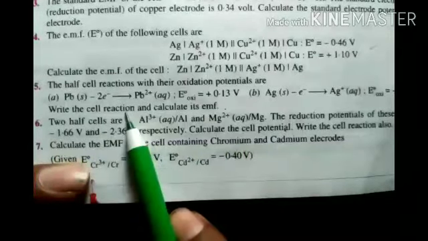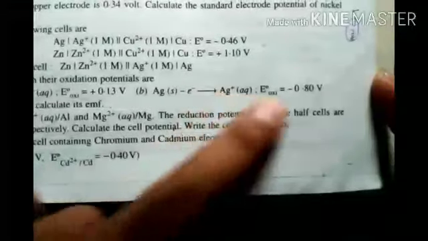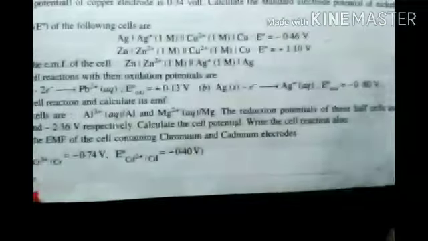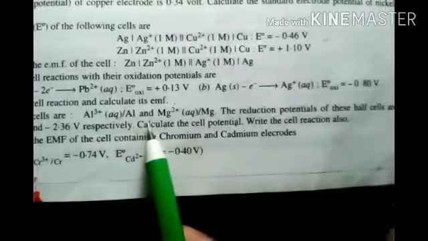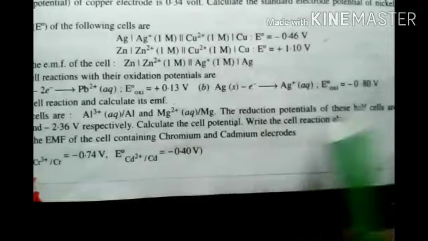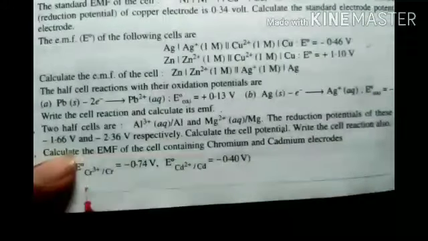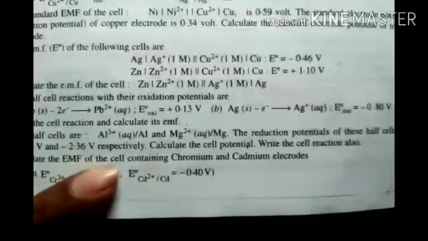Write the cell reaction, which means the representation of the cell. Silver is minus 0.80 volt. Got it? Now, sixth question. Two half cells are aluminum and magnesium. Reduction potentials of these half cells are minus 1.60 and minus 2.36 respectively.